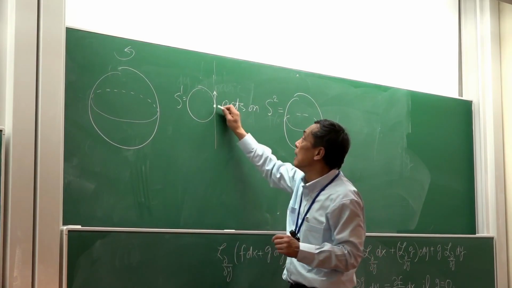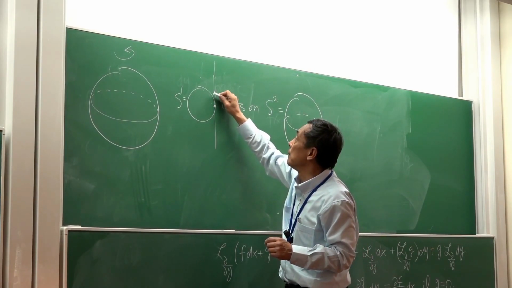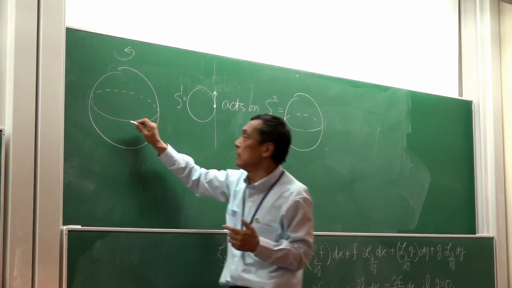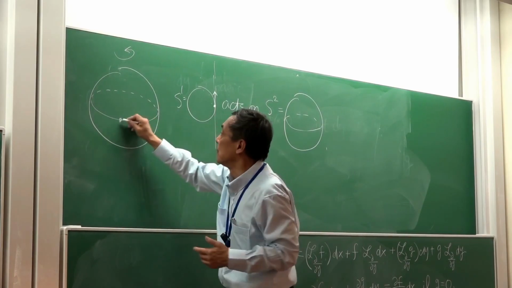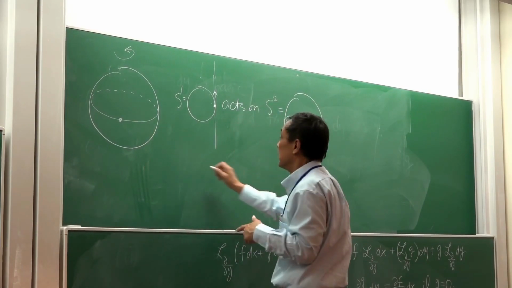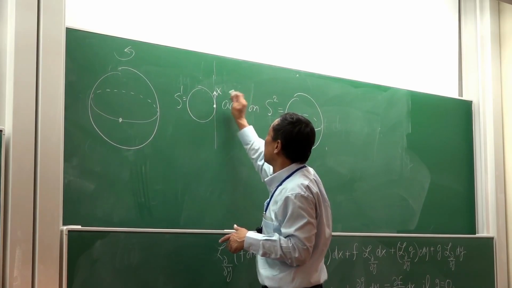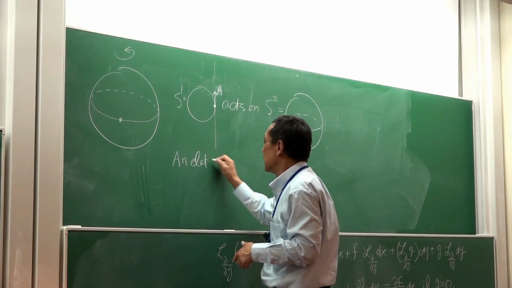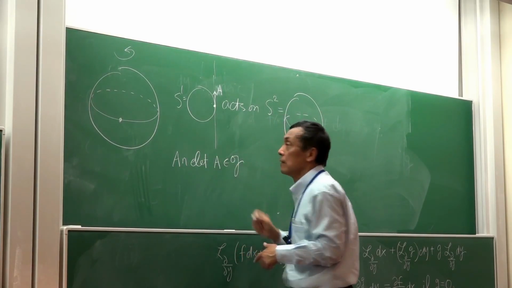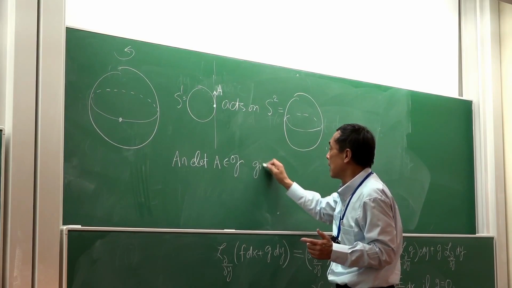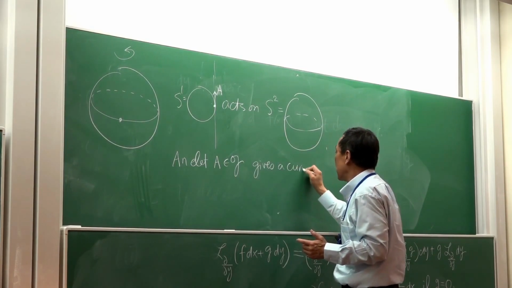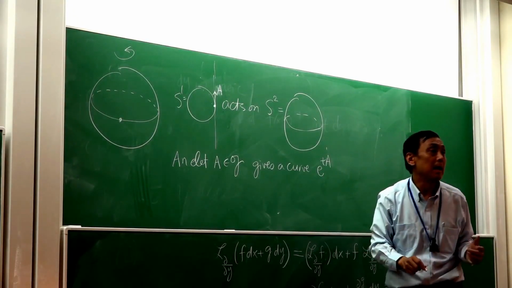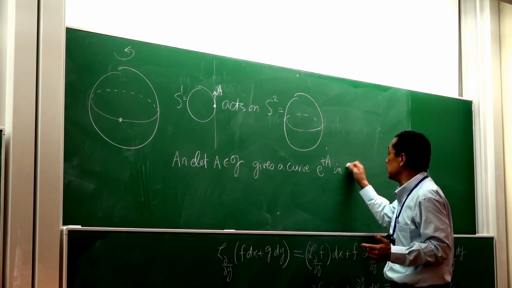Now, this vector gives you a curve on the circle, so let's call it X_A. So an element A in the Lie algebra gives a curve by the exponential map, e to the tA, in the Lie group.